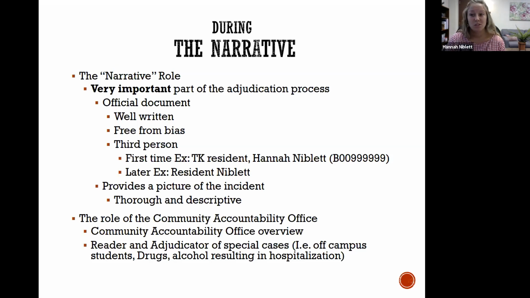There are some situations that will escalate even higher than the RDs and the assistant directors and go straight to Janelle. Some of those include things like drug cases and such. Basically, she's the reader and adjudicator of special cases. And sometimes, if there's alcohol resulting in hospitalization, that's another thing she hears, as well as off-campus students.